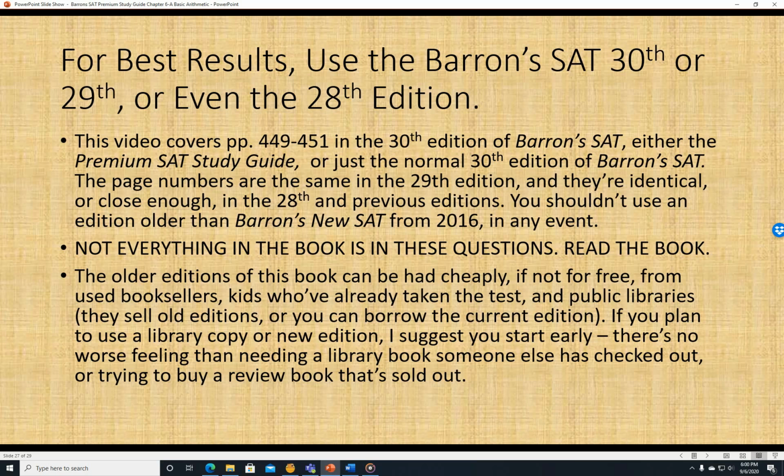And if you plan to use a library copy, one that they're not selling, then definitely start early. There's nothing worse than feeling, oh, I need this library book, but someone else checked it out. And there's also nothing worse than trying to buy a review book that's sold out, and it's 3 days before the test, and even with 2-day shipping from Amazon, you'll at best get 1 day to study. Yeah, don't do that.